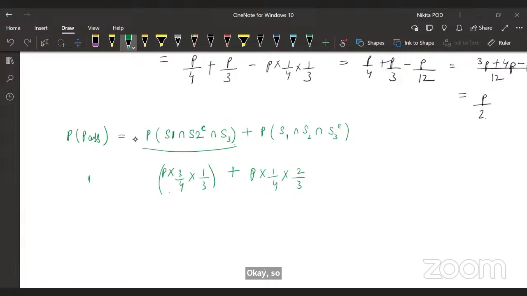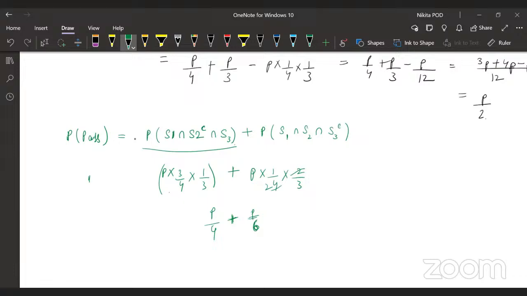Okay, so this gives you P by 4 plus P by 4 times 2 by 3, which is simply P by 6. Yeah. Ma'am, I think here we have to add S1 intersection S2 intersection S3.